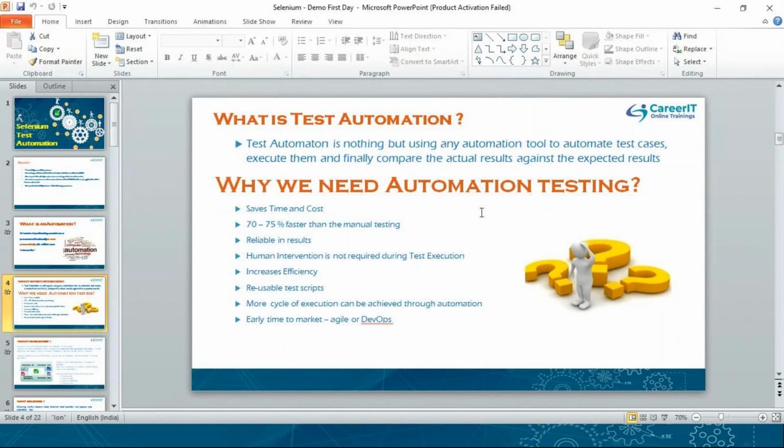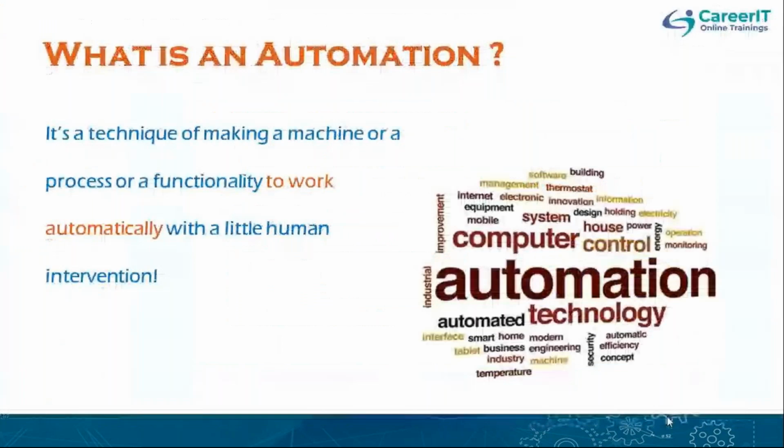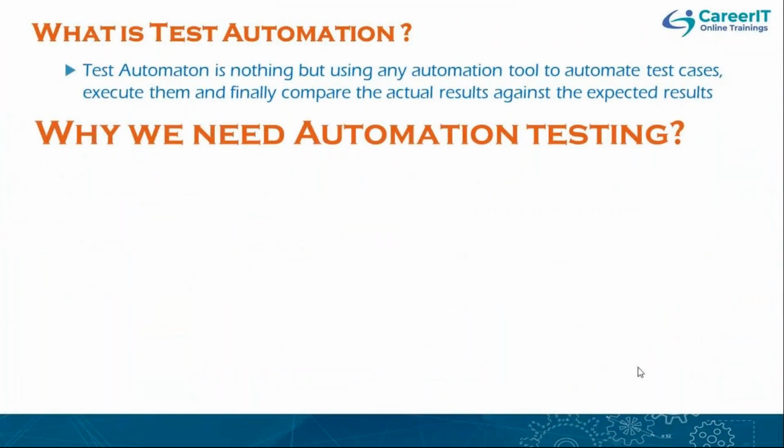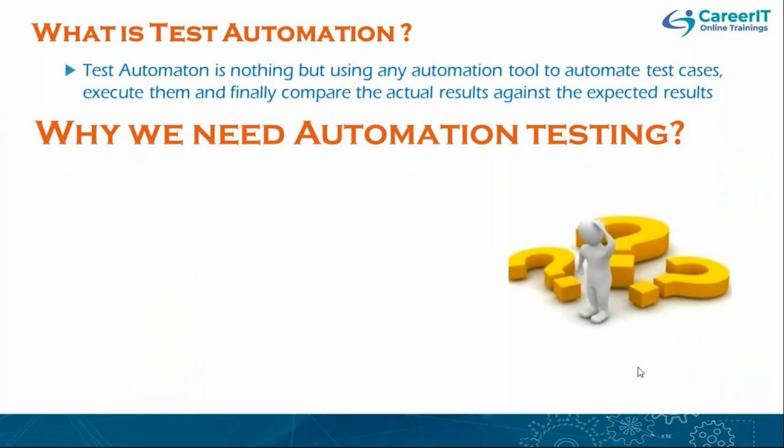Then, as we have manual testing already in place, why do I require automation testing? People are performing testing and also taking care of the entire quality of the application. Still, why do I need to go for automation testing?